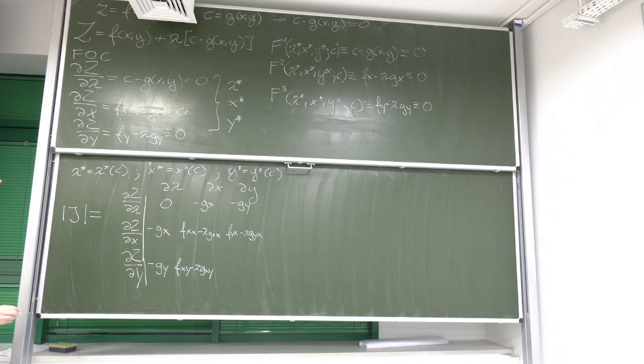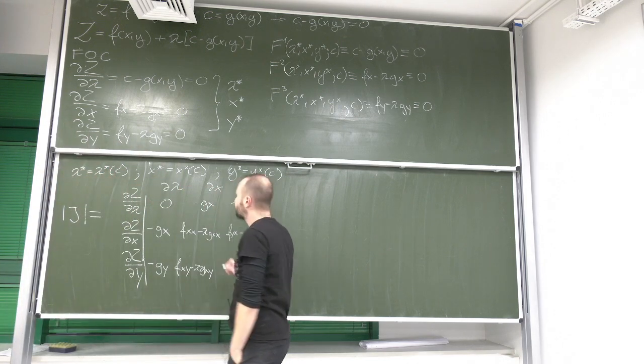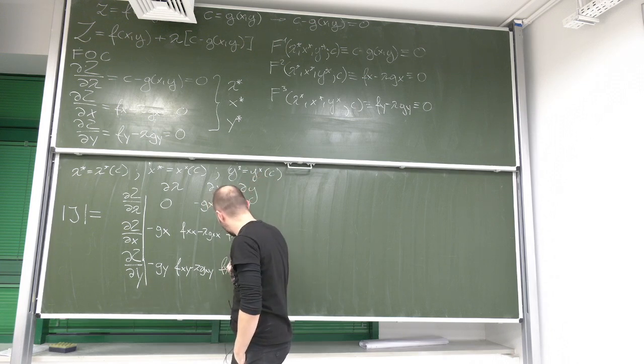And finally we differentiate this equation with respect to y, so we get fyy minus lambda gyy.